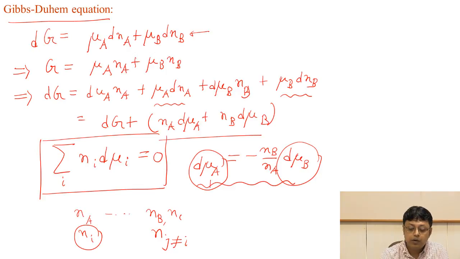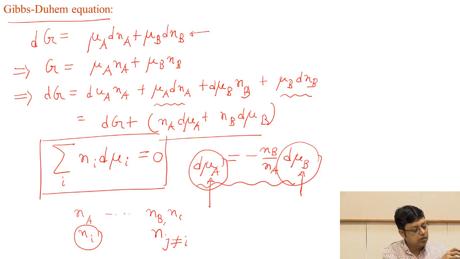However, if we want to vary the chemical potential, we cannot, because the chemical potentials are coupled. So the chemical potential of one component cannot change all by its own. All chemical potentials have to change, keeping a relationship between them. They cannot change independently. That is the essence of the Gibbs-Duhem equation.